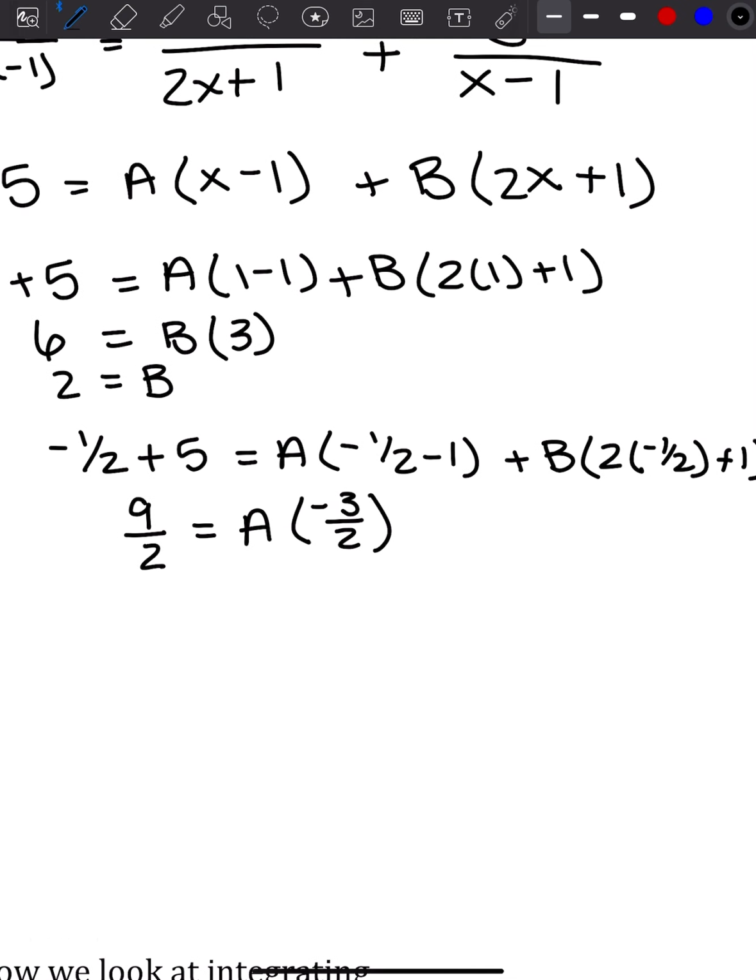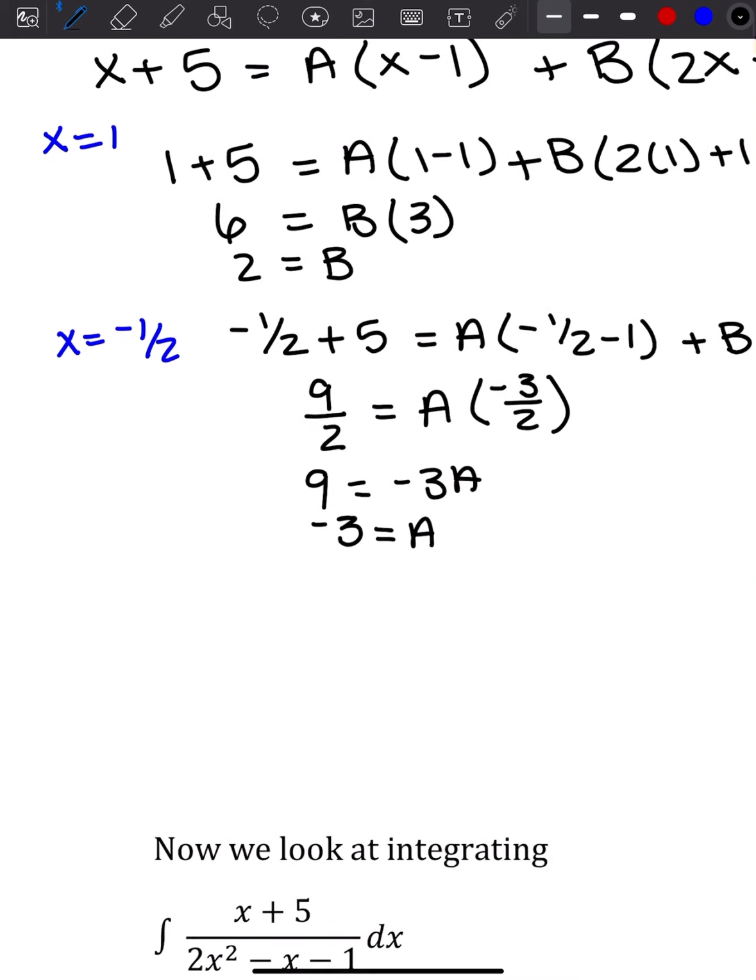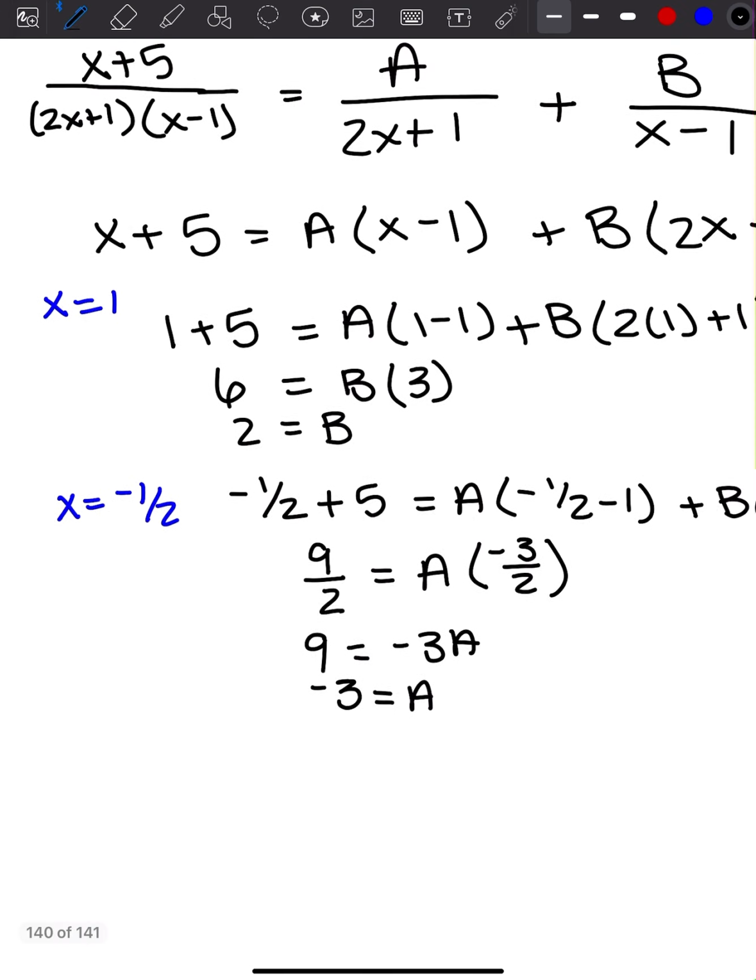Thankfully, they're both being divided by 2, so I'm going to multiply both sides by 2 to get 9 is equal to -3A, and then I'm going to divide both sides by -3. So -3 is equal to A.